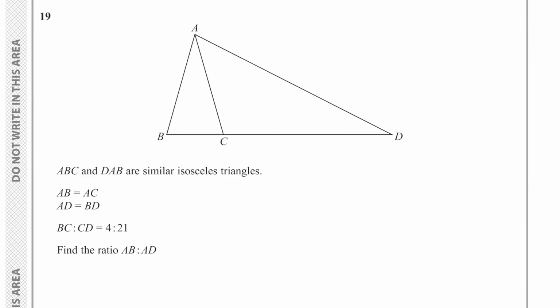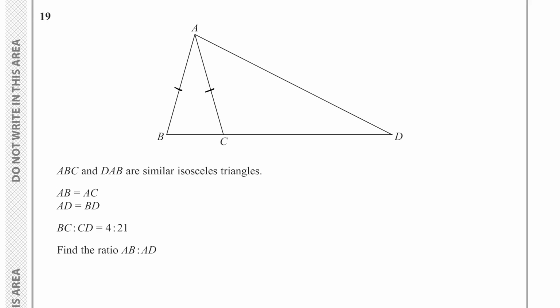Question 19. ABC and DAB are similar isosceles triangles. So ABC, the little triangle, and DAB, the big triangle, are both similar. One is an enlargement of the other. A to B equals A to C. So that is 2 lengths of the small isosceles triangle.